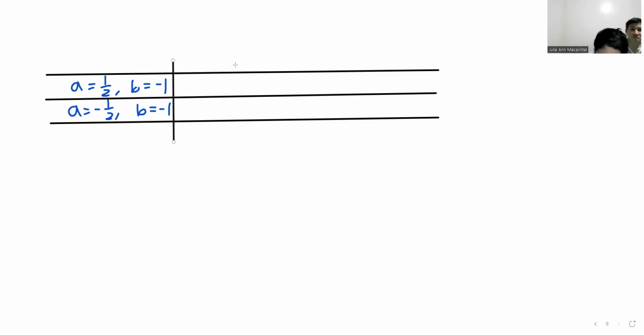I will make 4 divisions for our expressions. Our short table.